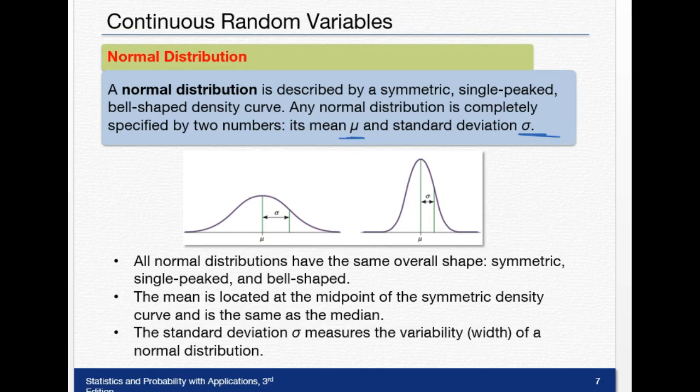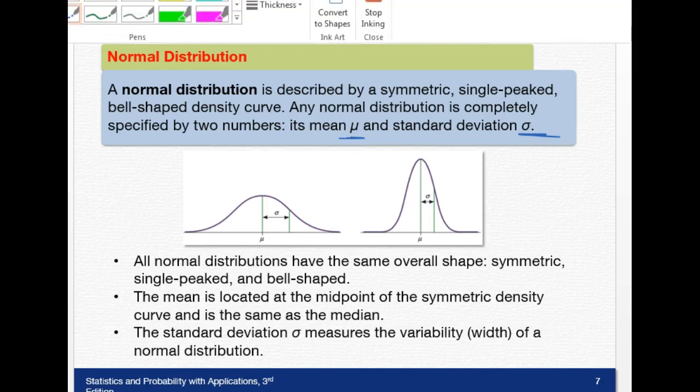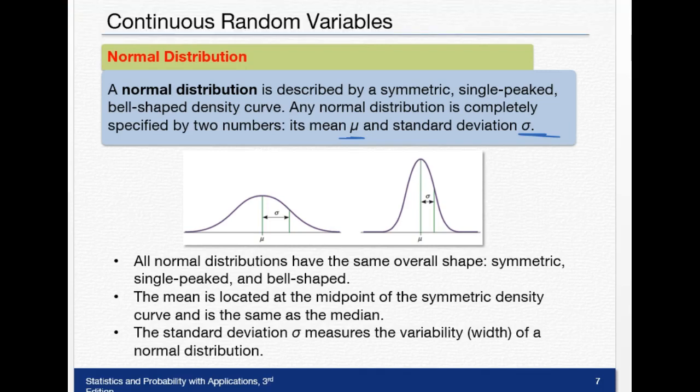The mean is located at the midpoint of the symmetric density curve and is the same as the median. We just talked about this. The standard deviation measures the variability, the width of a normal distribution. So make sure you catch that. Standard deviation measures variability or the width of the normal distribution.